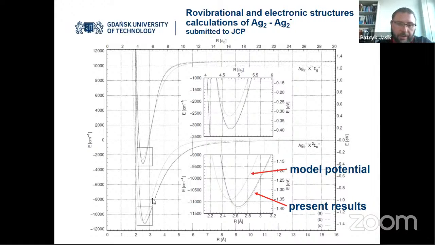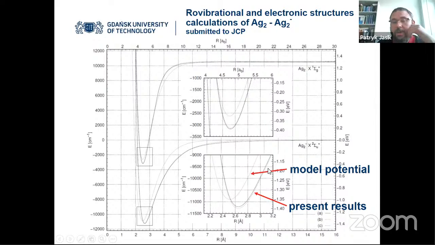You can see here the ground state of the molecular silver anion and the ground state of the silver dimer. And you can see here some discrepancies between the positions of the minimum in the two situations.